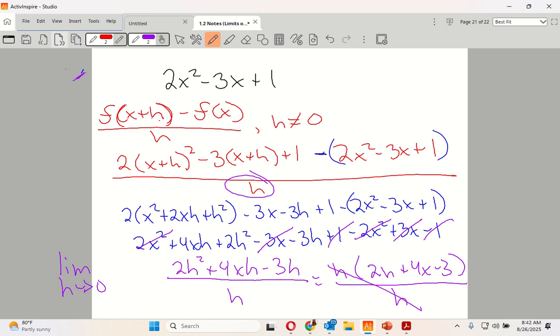I can plug in 0 now for the h because that's going to cancel out here. And so what's going to happen there? The 2h goes away, and I'm left with just 4x minus 3. That's an x. I know I'm going to get some paint here in a minute, so I'm going to clean that one up.